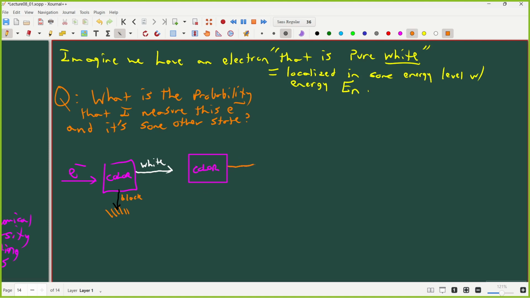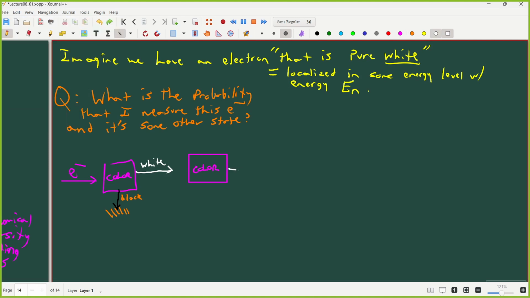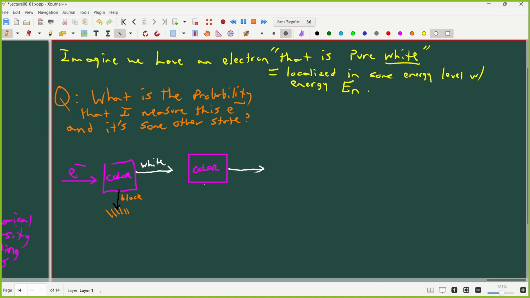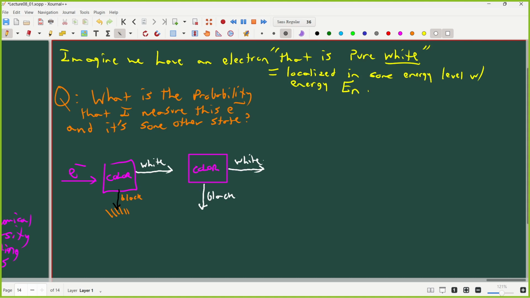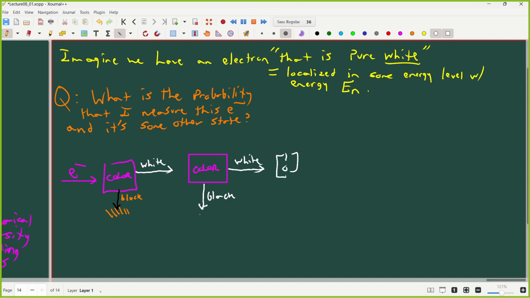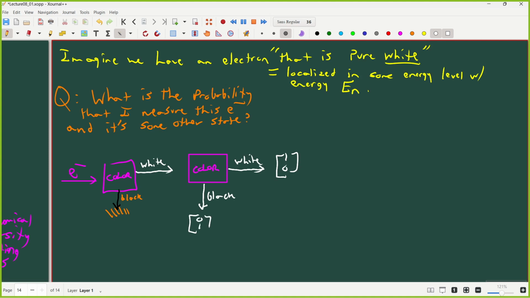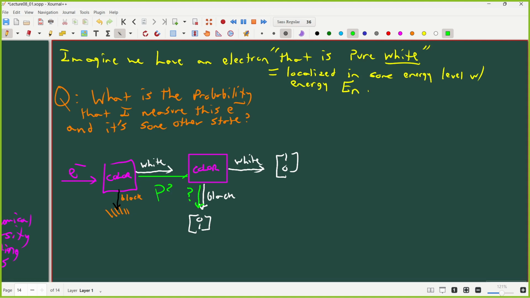I'm going to split it out, white and black. Let me actually use the proper colors for this. What's the probability that the electron after the second color measurement ends up a black one? What's the probability of going from here and then here?